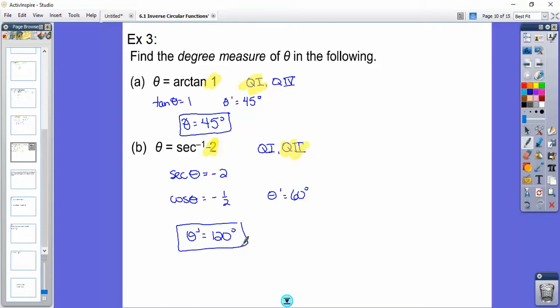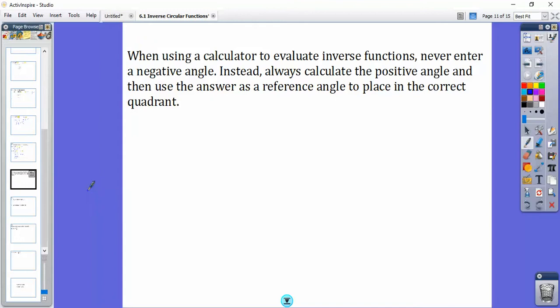Okay, if your function is one that we do not know, if I said, for instance, theta equals secant inverse of 2.5, that is not one we have memorized off the unit circle, so you will have to use your calculator at times. Be very careful. My suggestion is just to never enter the negative angle.